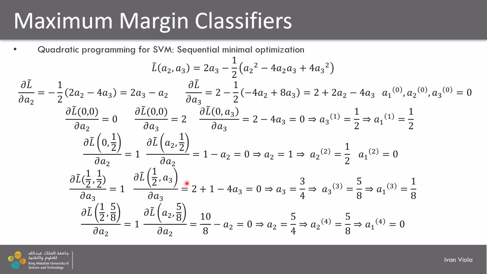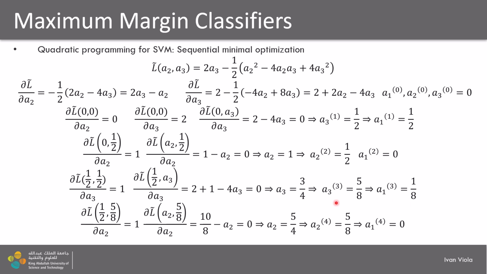Then we perform the partial derivative: 2 plus 1 minus 4A3 is equal to 0, which means that A3 is 3/4, and that cannot be, because A can be at most C. C is now 5/8, so A3 can reach the value 5/8. In such a case, as our A2 is 1/2, A1 will have the value 1/8.